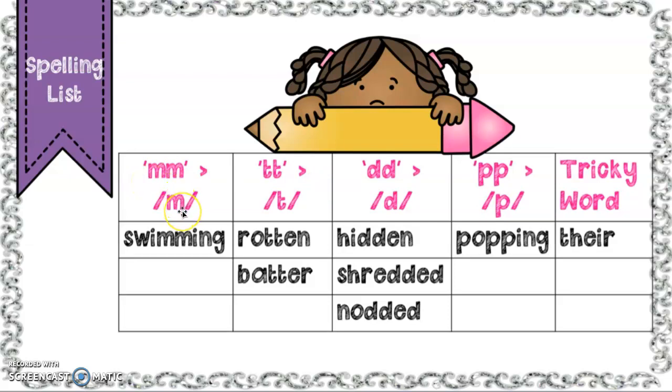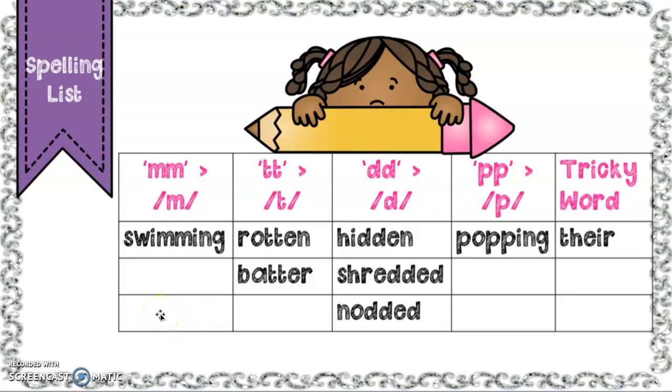So for the sound, 2 M's will make the sound. Same thing for T and D and P. When we double that spelling, it continues to make the same sound.